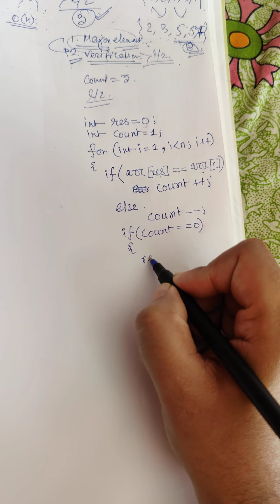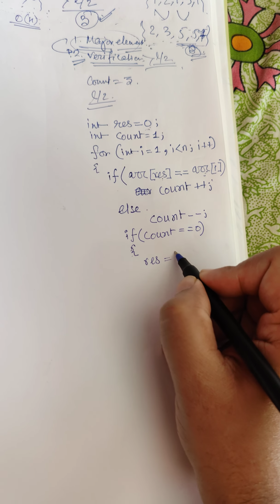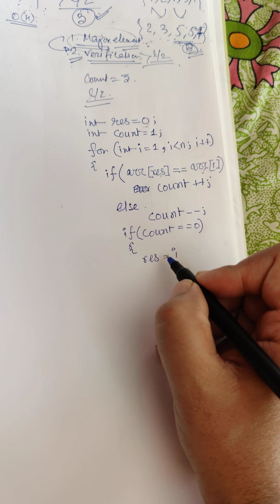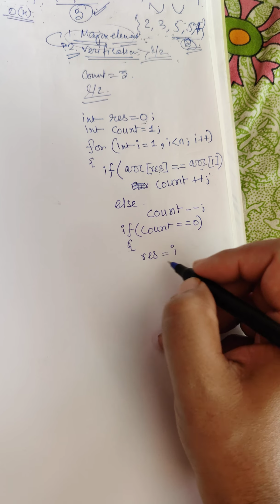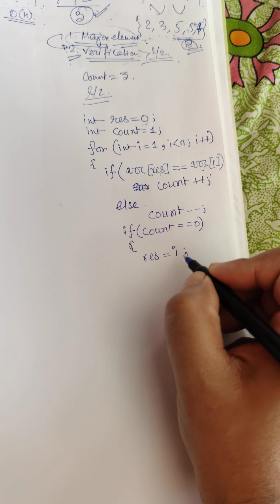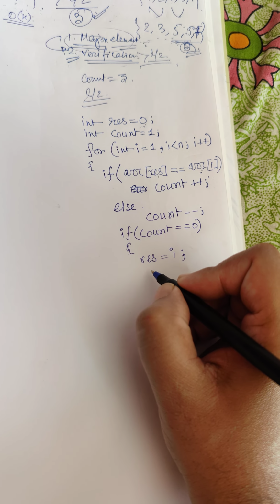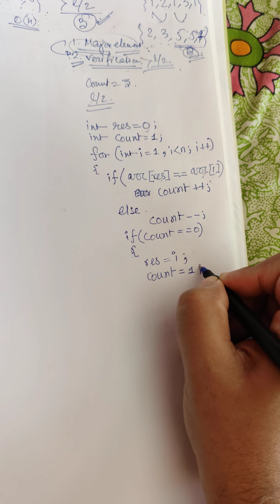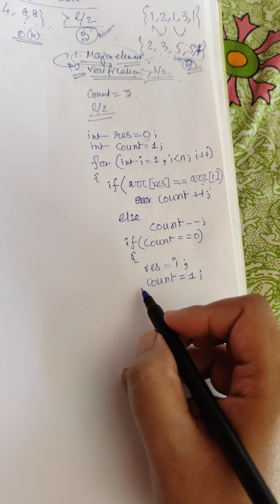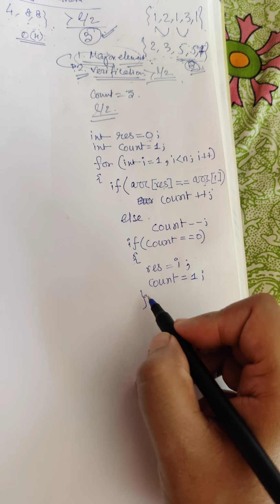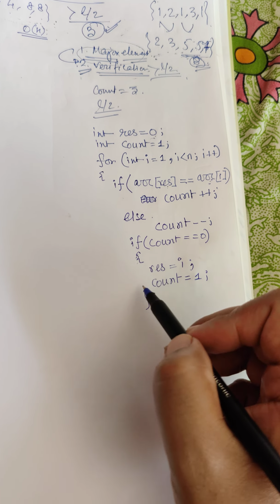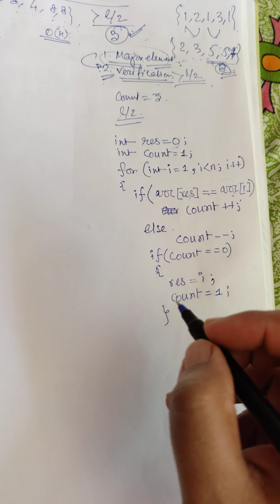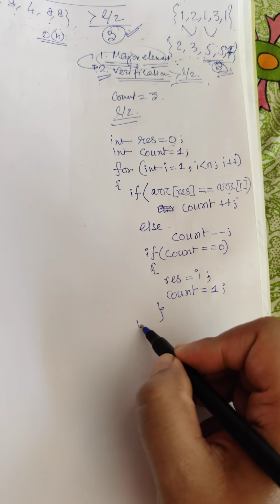Then you say, okay, fine, whomever index we are talking about can be made a leader. And we also ensure that count is equal to 1. In this way we conclude that this is going to be our final result, and we can reset it and close this one.